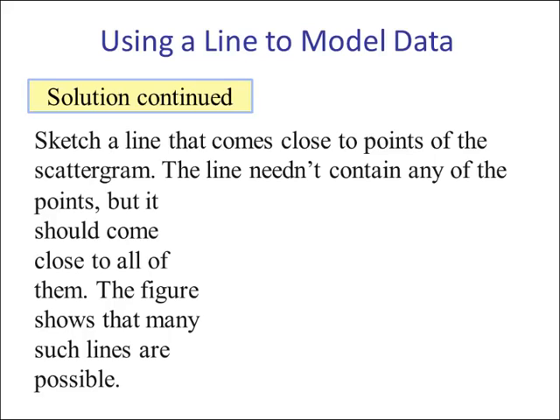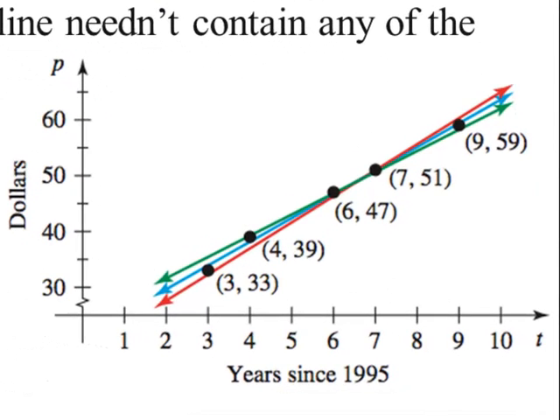Now this line doesn't have to touch any points, but it should be close to all of them. And here's an example of how you can have some different lines. Now later in this course we will use technology to compute what's called the line of best fit, and that is the line that will fit the data the best.